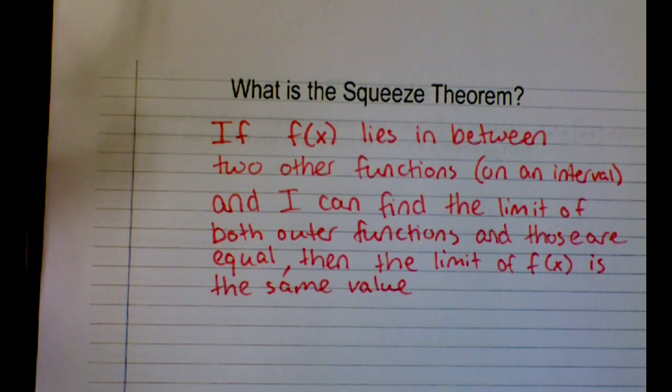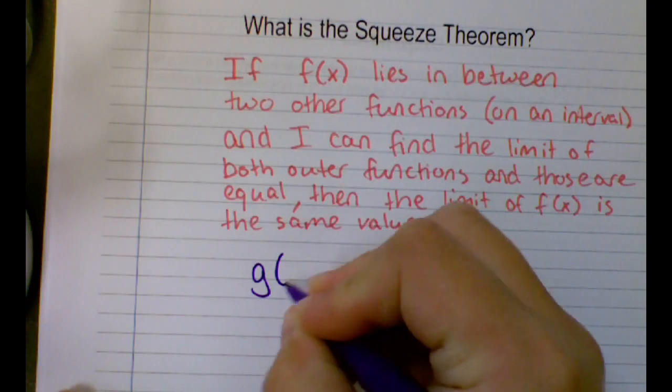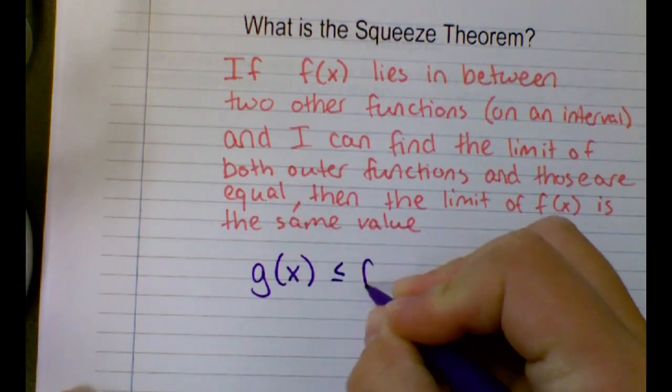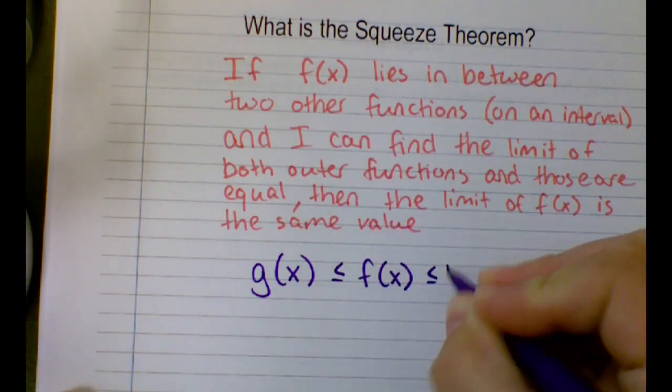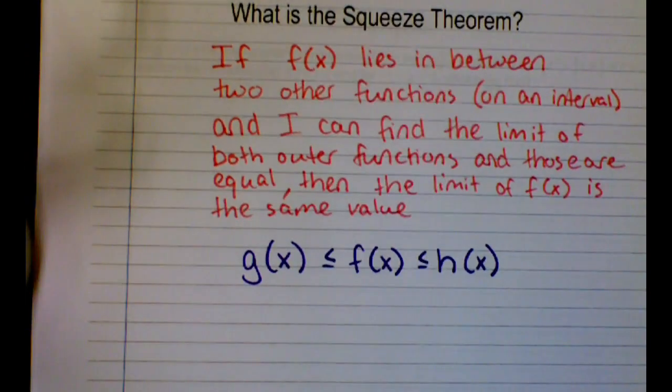In math writing, we say f of x lies between two other functions. Let's call them g of x and h of x. All right, our function f of x is in between there.